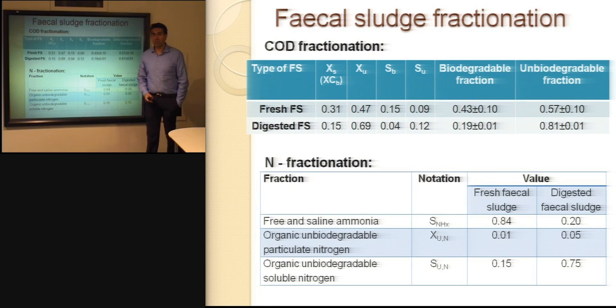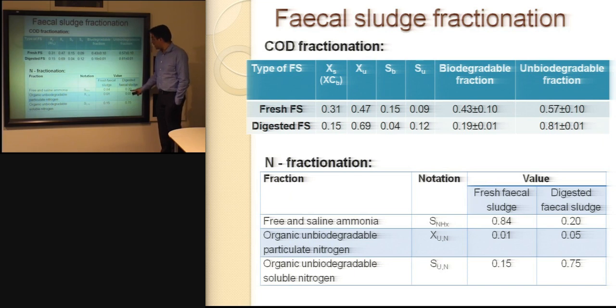What are the practical implications of this? Well, basically, this fraction that is soluble, unbiodegradable, cannot be removed biologically, and it is soluble, so it cannot be removed physically, and it will therefore have the strongest impact on our effluent.